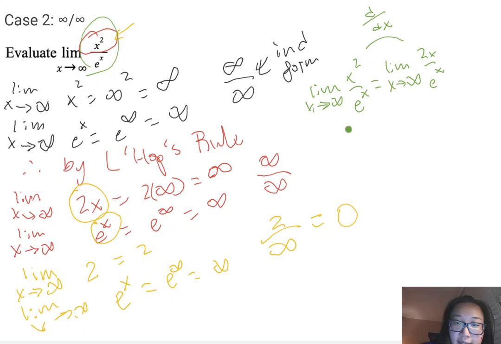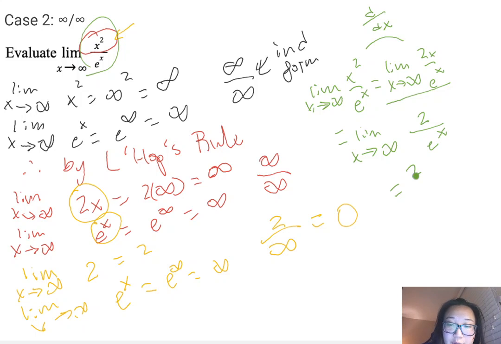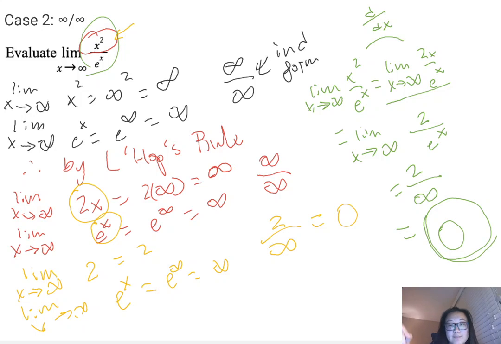So we continued the process, so this became limit as x approaches infinity of 2 over e to the x. And this gave us something other than an indeterminate form. And from there, we were able to evaluate. And we now have 0 as our final answer. And that is the process, to continue taking the derivative until we reach a real answer.